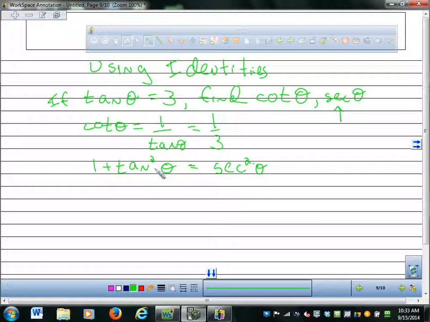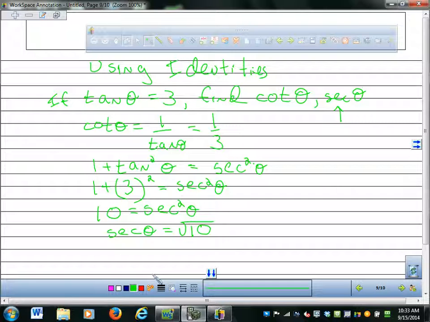Tangent is 3, so this means take 1 plus 3 squared, and that's equal to secant squared theta. And then I do the math. I get 10 is equal to secant squared theta. So secant theta is equal to the square root of 10.